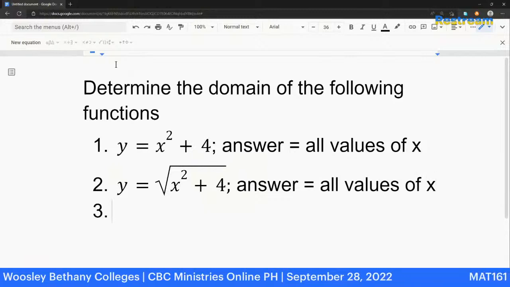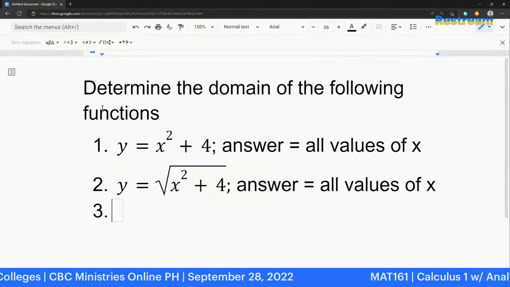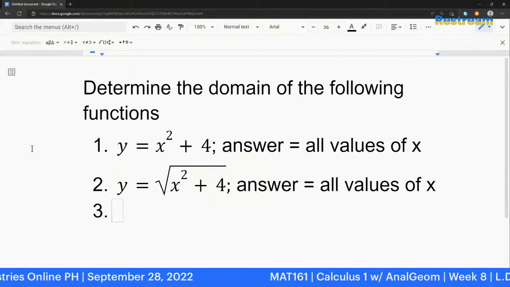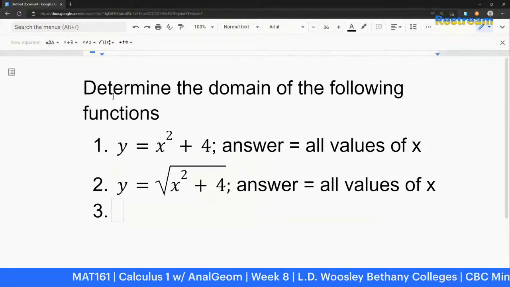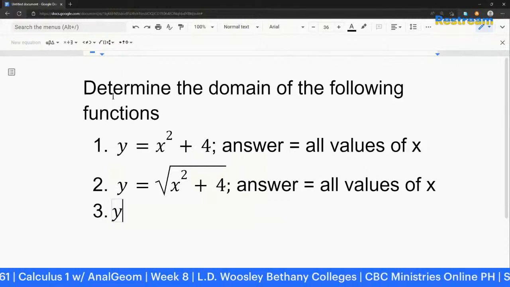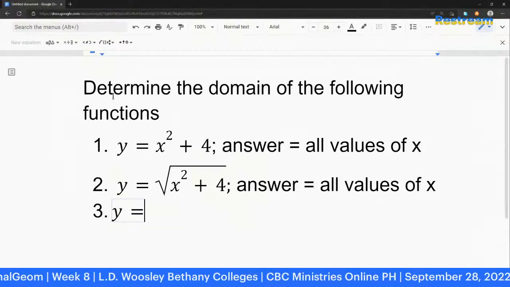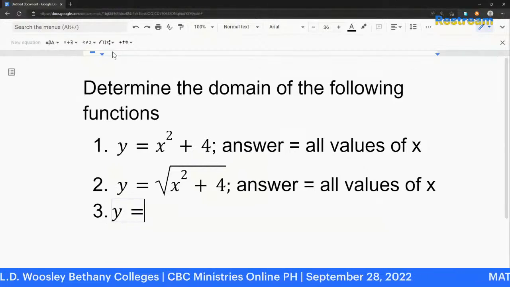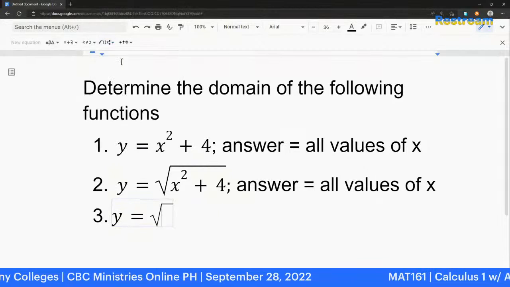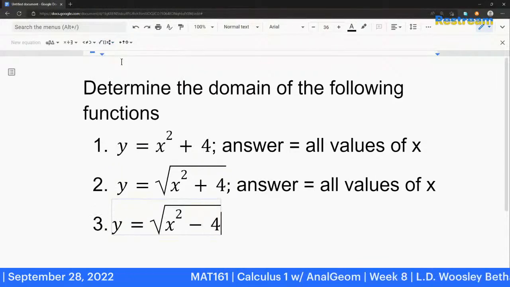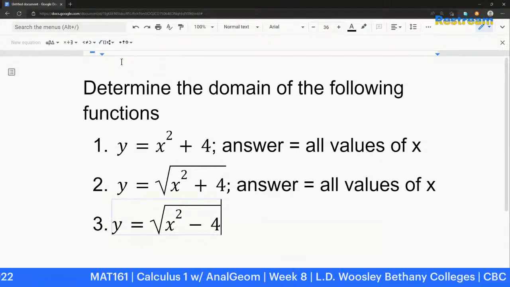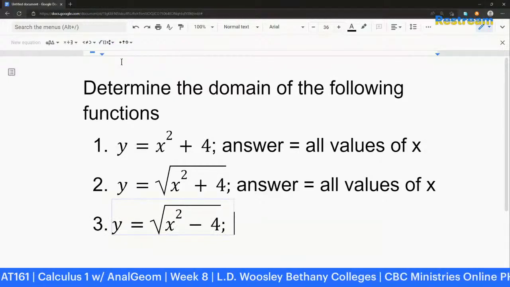Okay, this is for you, Josh. Josh, kung hindi audible, you could type your answer, no? Okay, Josh, this is for you. This time, I'll be using... Okay, ganun pa rin. Ang bilis nga. Josh, your answer?